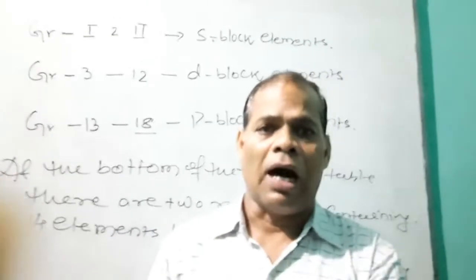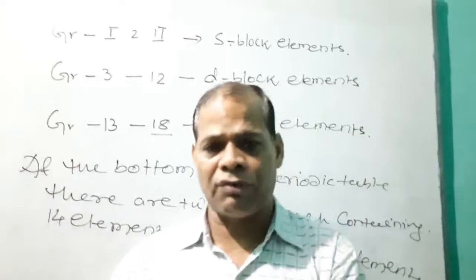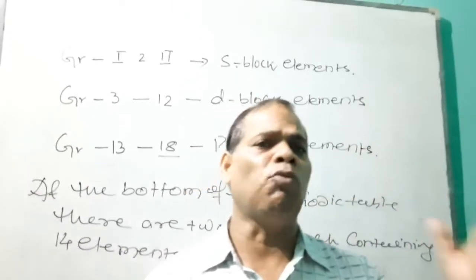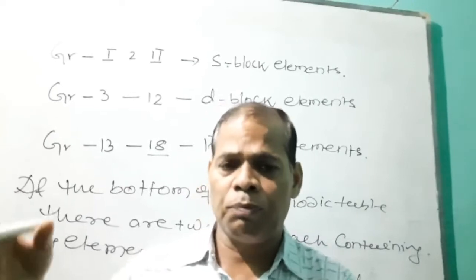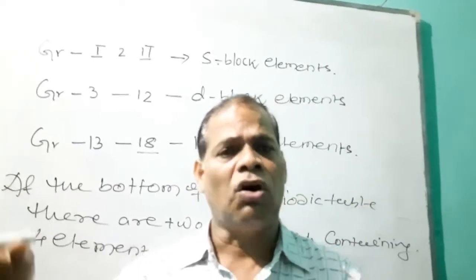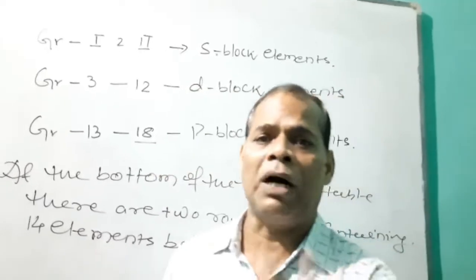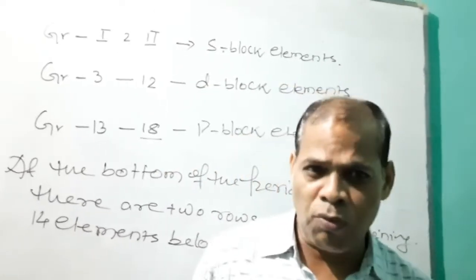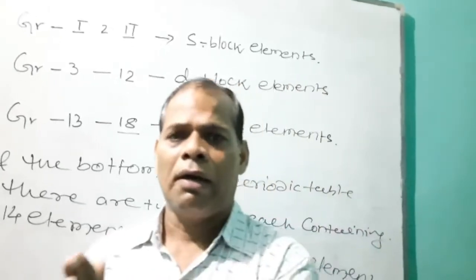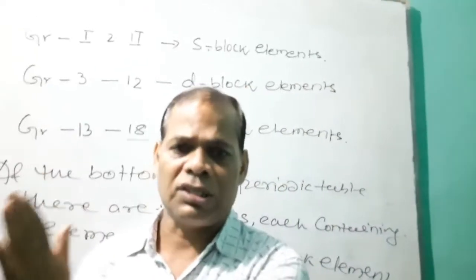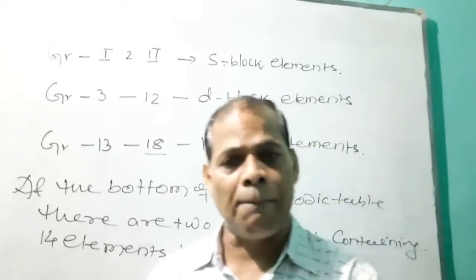Now when group 1 and group 2 combine with group 15, 16 or 17, they form ionic compound.